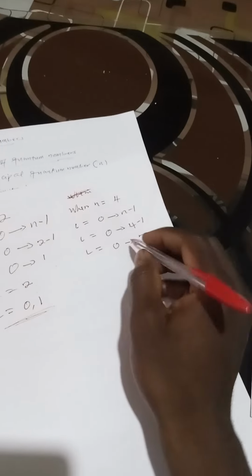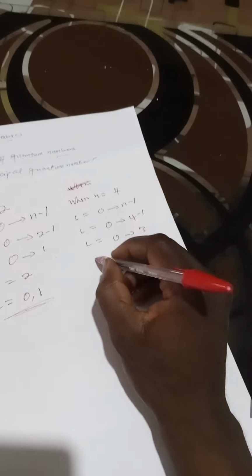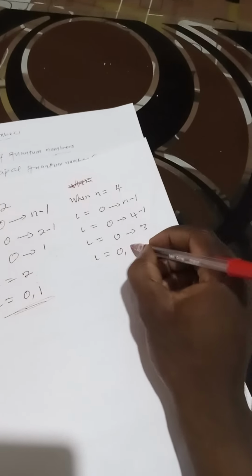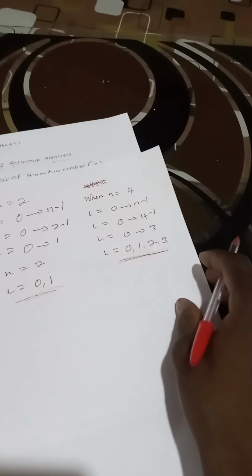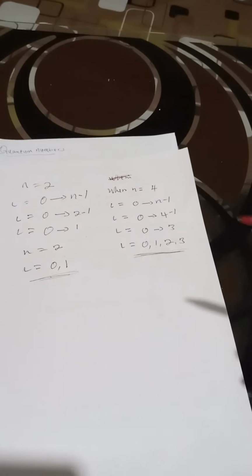So what are the values between 0 and 3? l will be equal to 0, 1, 2, and 3 itself. So you have 0, 1, 2, 3 when n is equal to 4. These are the angular momentum or azimuthal quantum numbers when the principal quantum number is equal to 4. I hope you can do it.